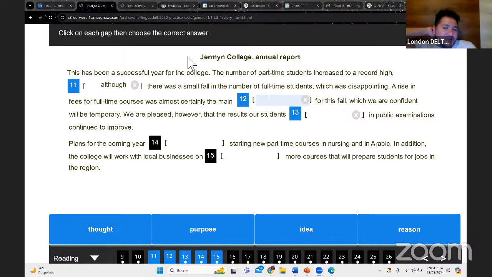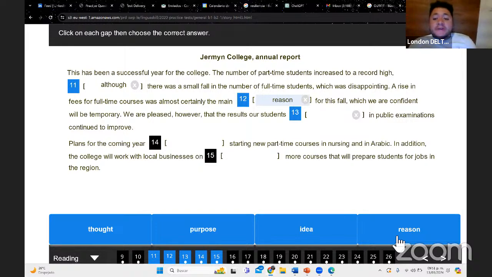Okay, very well. So, a ver, ¿qué pusimos? Reason. Algunos pusieron idea, reason, idea. Como que están disputados entre idea and reason. Well, the correct option is the main reason. La principal razón. So, let's read again.